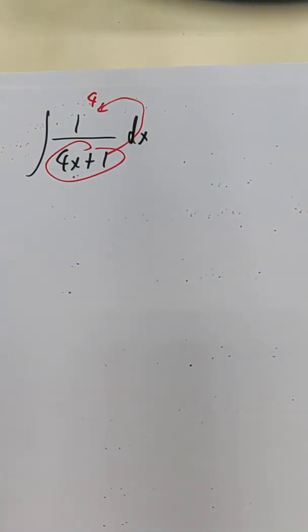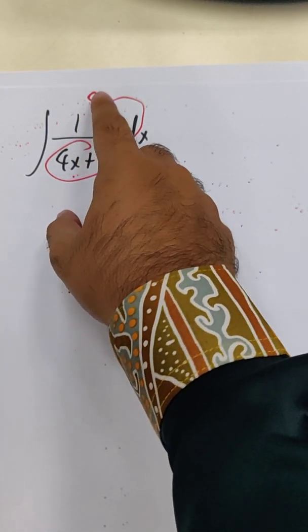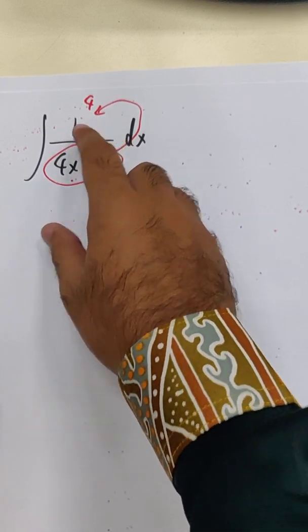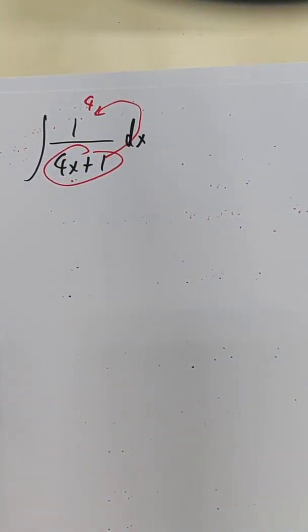But there's no 4 there, there's only 1 there. Is it still ln? Can someone tell me why this is still ln? Because? Are they the same? They are the same in terms of x. Then it's ln. Understand?